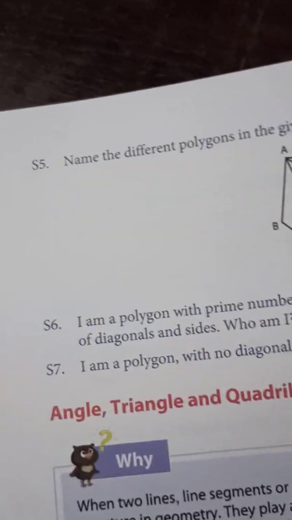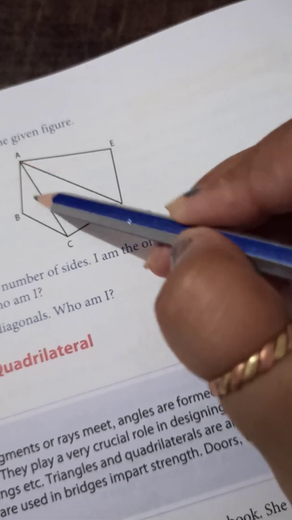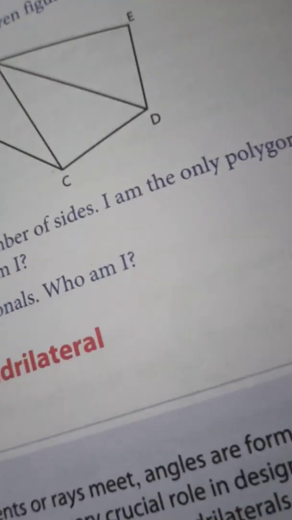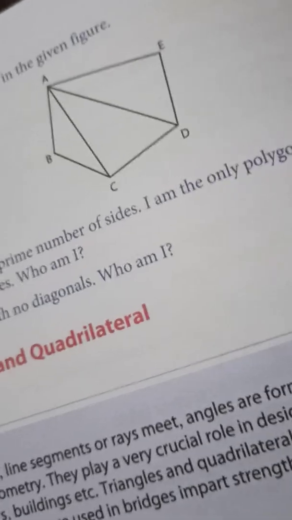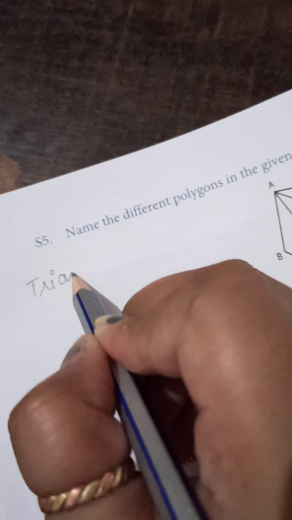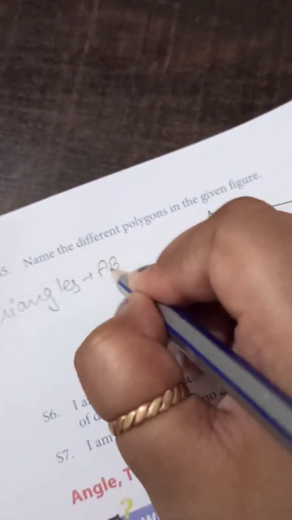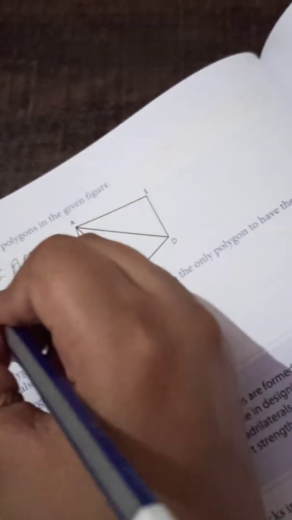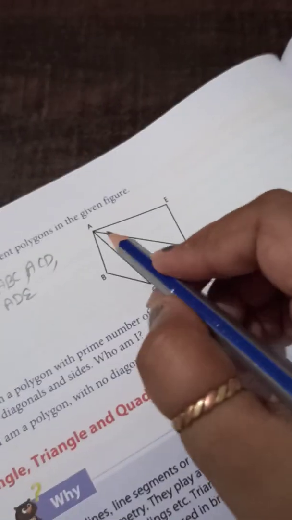Clear? Now come to question number 5. Name the different polygons in the given figure. In this, the polygons are triangle, first is triangle, second one is quadrilateral, and third is pentagon. So first the triangles are ABC, ACD, ADE, right? Next is quadrilateral.